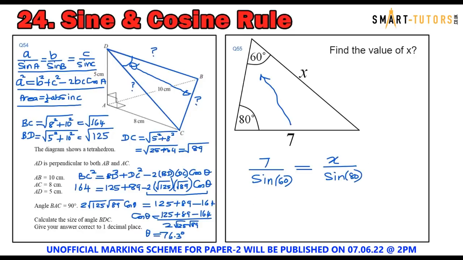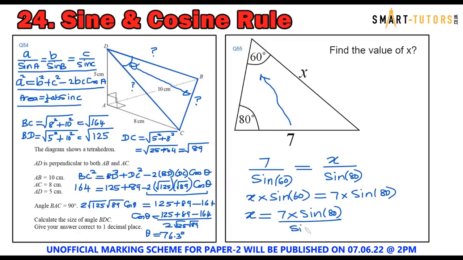So x times sine 60 equals 7 times sine 80, and x equals 7 times sine 80 over sine 60. So that is right.